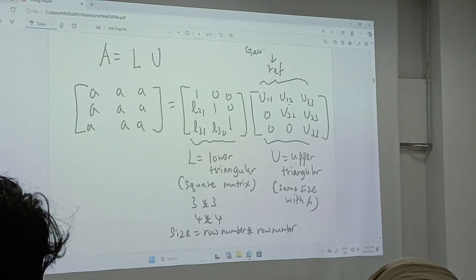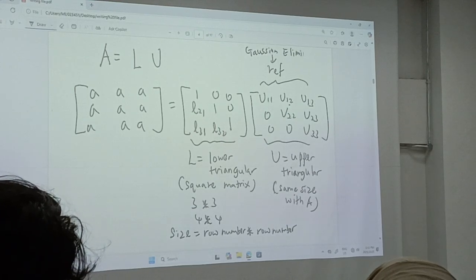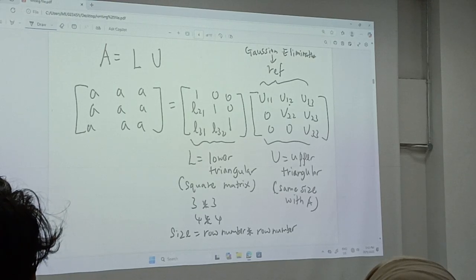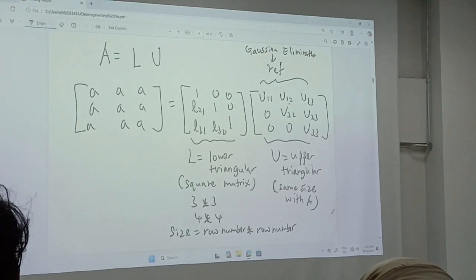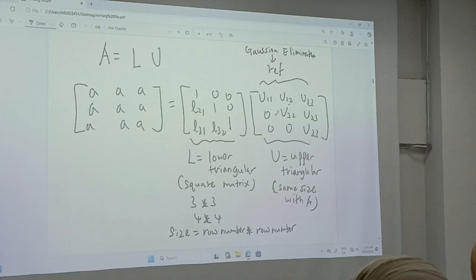Use Gaussian elimination. Just now for matrix inversion we used Gauss-Jordan, right? So this Gaussian elimination can apply here. So first we try to apply Gaussian elimination to get this REF.